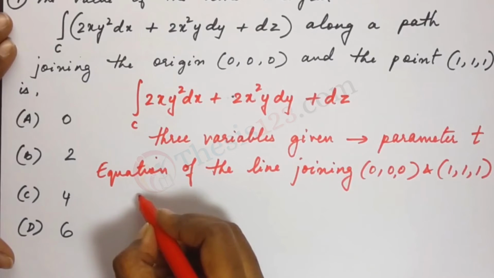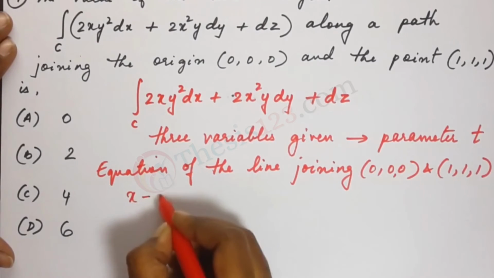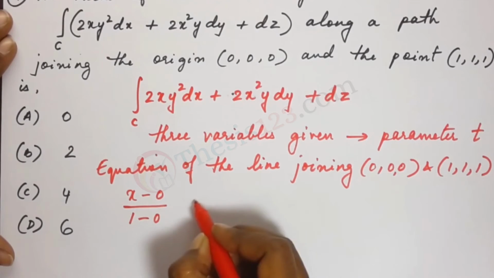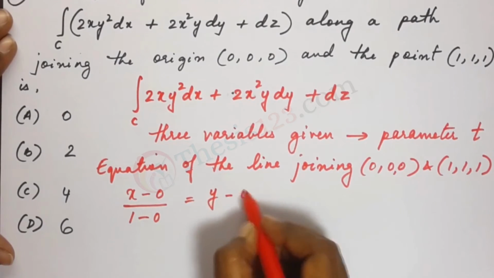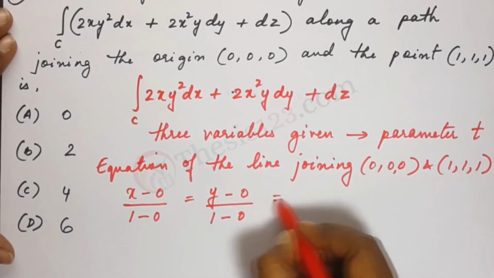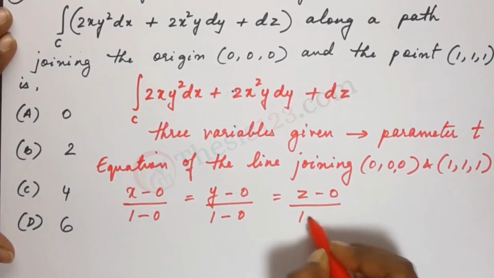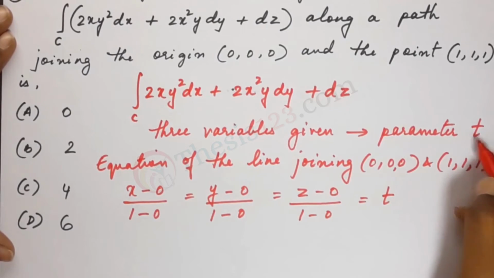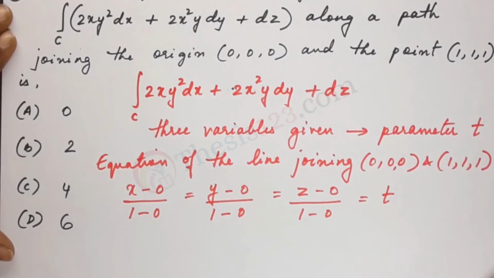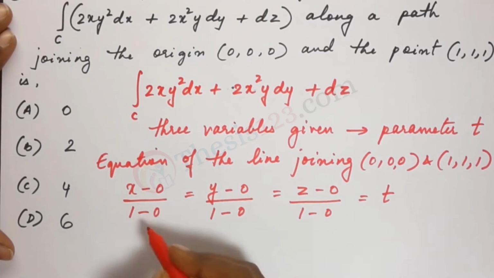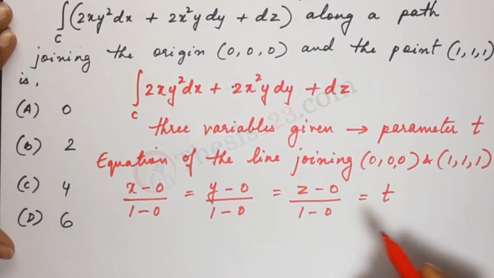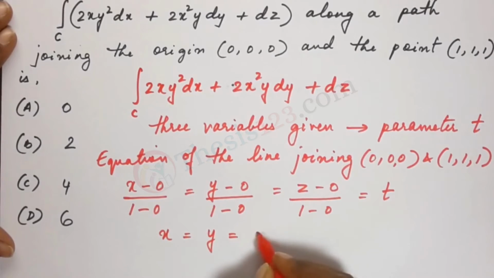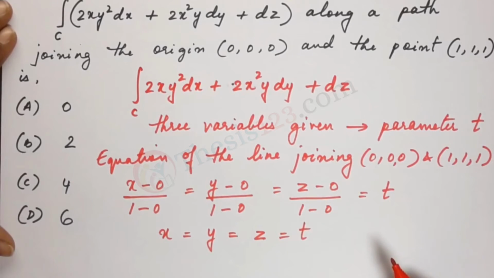In order to find the equation of the line, this would be (x minus 0) divided by (1 minus 0), (y minus 0) by (1 minus 0), (z minus 0) by (1 minus 0) is equal to the parameter that we have taken as t. You can take it in terms of any letter. That's fine. So here we see that we get x is equal to y is equal to z is equal to t.